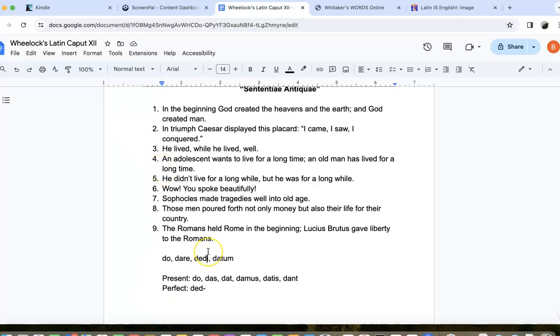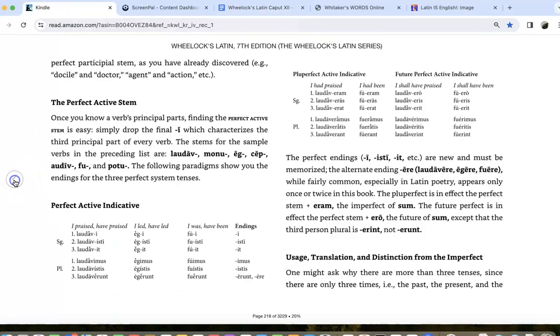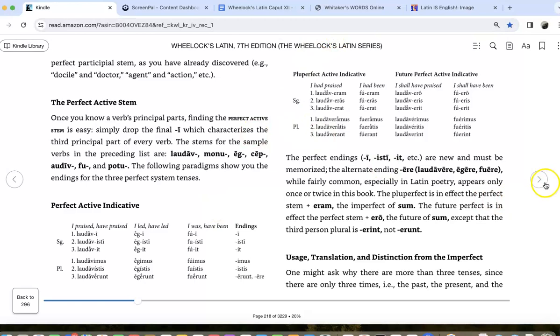Now, the third principal part is already in the first person singular perfect form. So it's dedi. I don't add another i because that would be redundant. And then if you go back to isti, it, imus, istis, erunt, you can sort of see it's i, not i. So all I do now is add these endings.